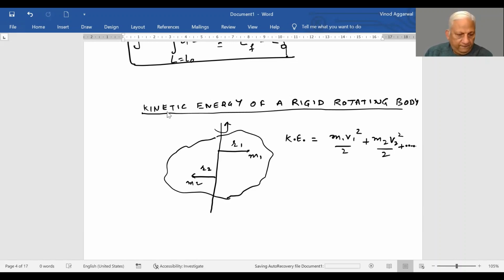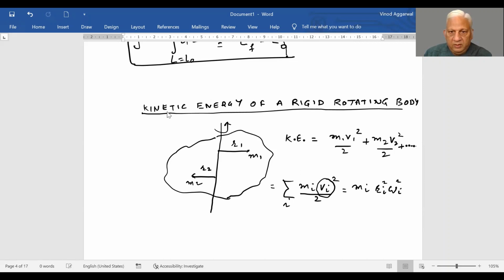Now, this will become the sum of all mi's with their respective velocities squared by 2, summed over all the i's. We have seen earlier that this linear velocity can be converted into angular velocity by this formula, right?